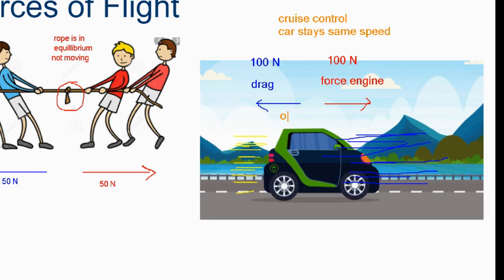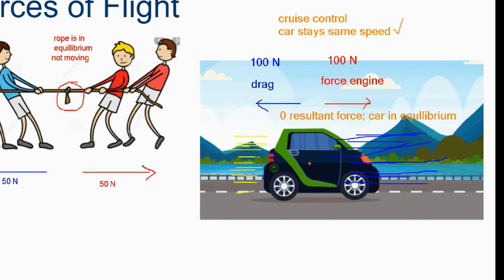So we'll write that down here. We'll put 0 resultant force. We'll also write that the car is in equilibrium. So this car is not going to be speeding up or slowing down, because the force going to the right is the same as the force going to the left.